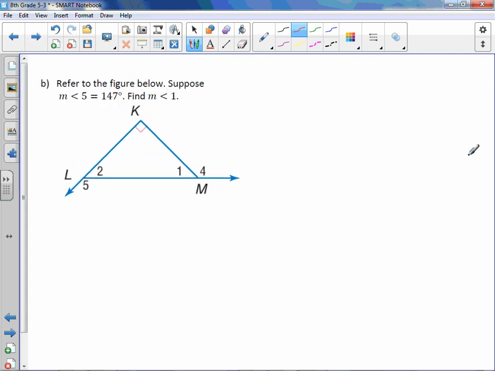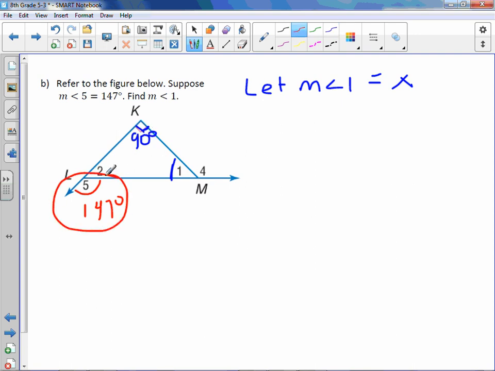Letter B, refer to the figure below. Suppose the measure of angle 5 is 147 degrees. Find the measure of angle 1. So I'm going to say, let the measure of angle 1 equal x. And again, we have a right angle here, so I know this is 90 degrees. 147 is our exterior angle.